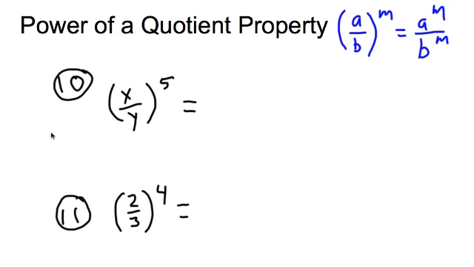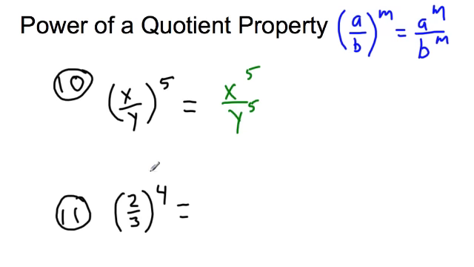On this property right here, power of a quotient property. On this one, notice that we have our quotient, which is a fraction, to the nth power. And so the numerator is taken to that power, as is the denominator. So in this situation, following our property, quantity of x over y to the 5th power becomes x to the 5th power over y to the 5th power.